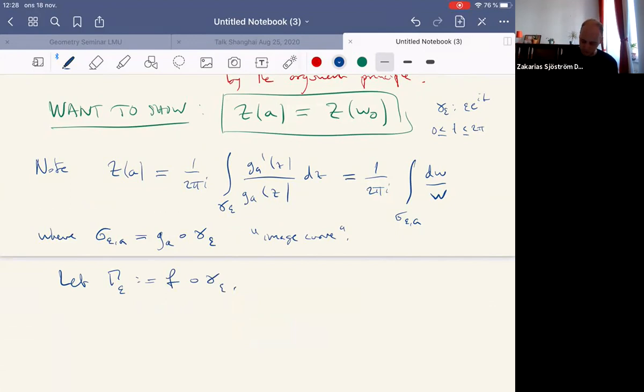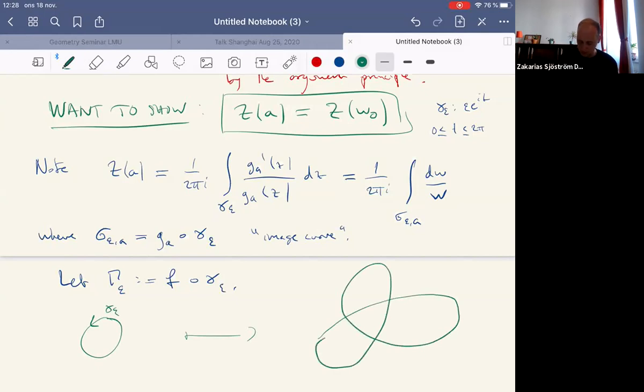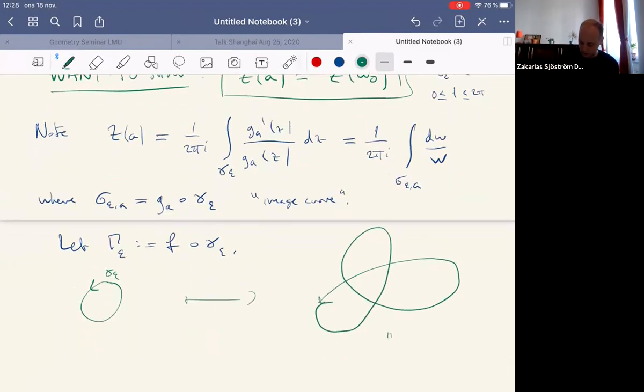Of course you have this circle here, but then this one might be sent to something much more complicated, right? It might be sent to something like this, for example. This could be the image curve, an example.